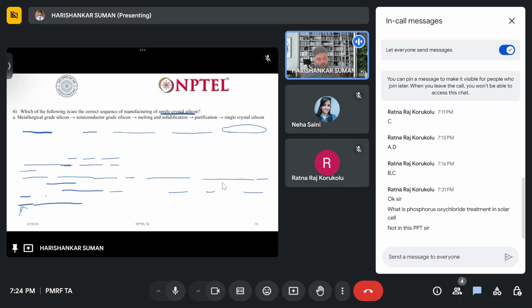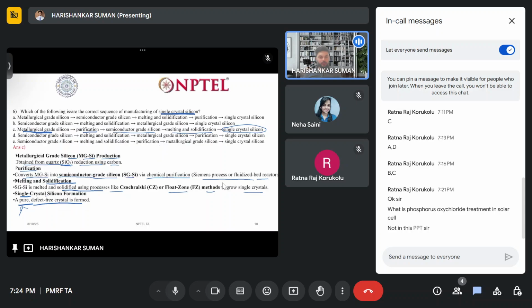Next question, we discussed the process step by step of manufacturing single crystal silicon. This is the process.